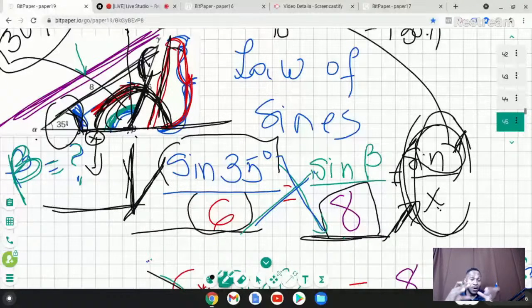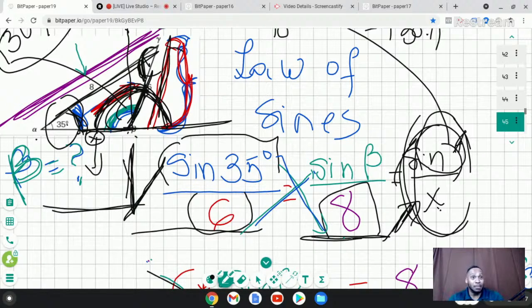The sine of the next angle divided by the length of the side that is directly opposite to that angle is the same as the sine of the third angle divided by the length of the side that is directly opposite to that angle. And from those, we only needed the relationship between the angles and the sides that we had. So we take the angles and the side that we know and find the missing value, which was beta.